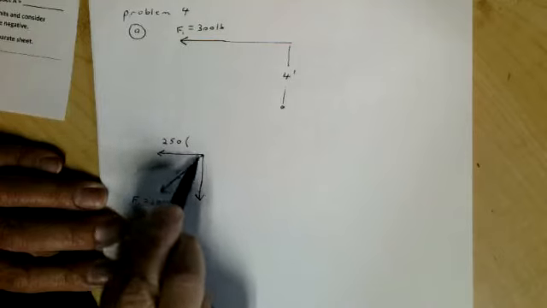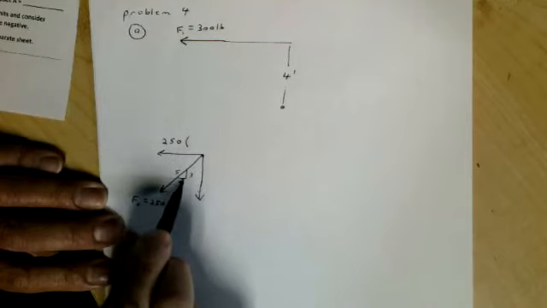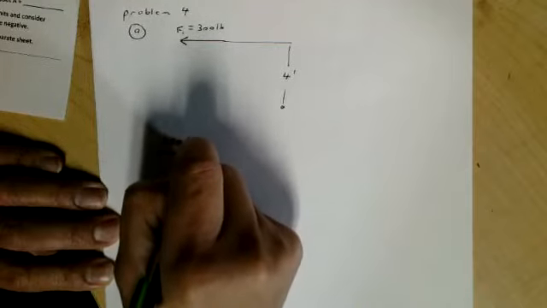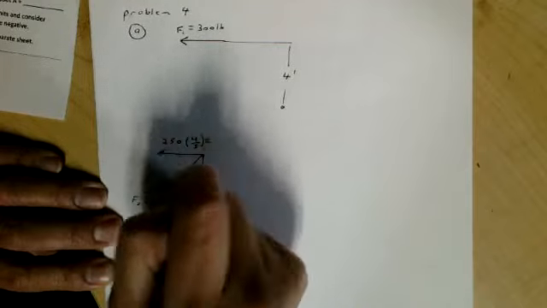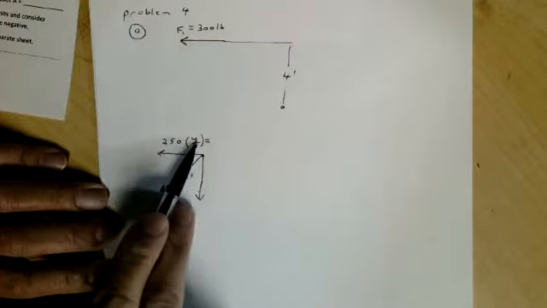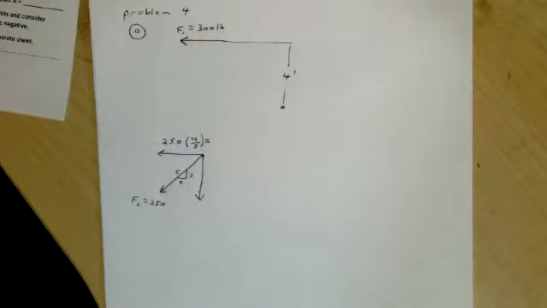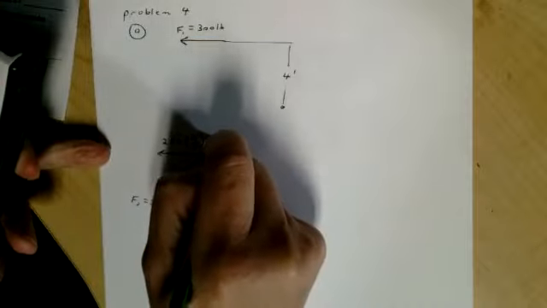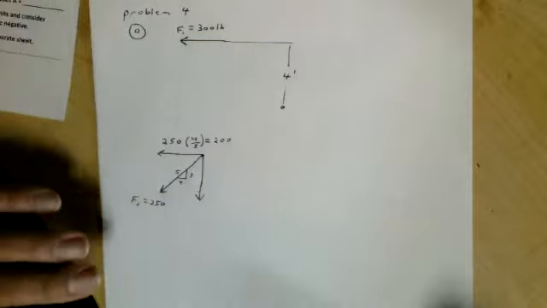Again, we want the X component, so 250 times 4/5. That's going to be 200.